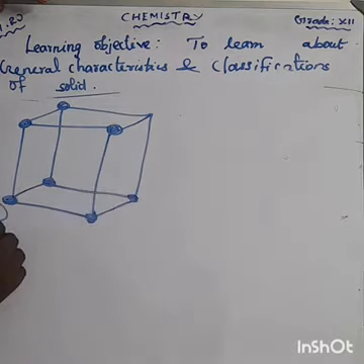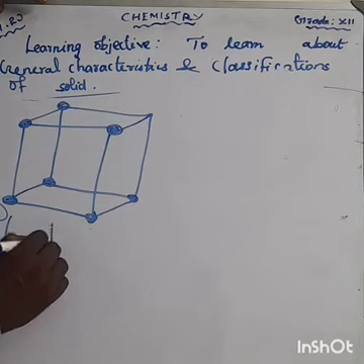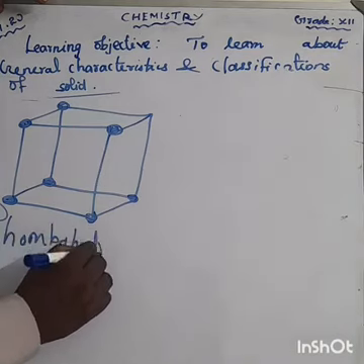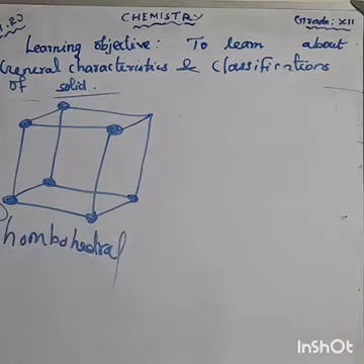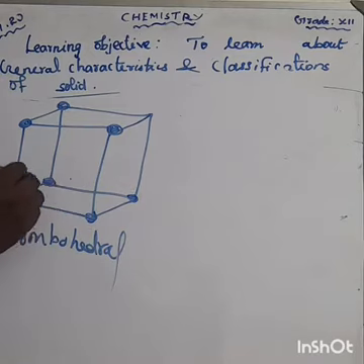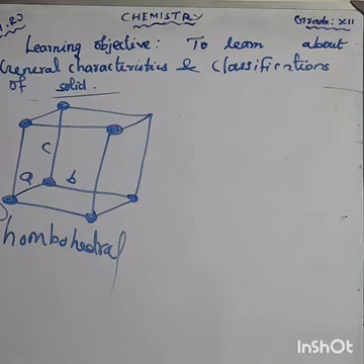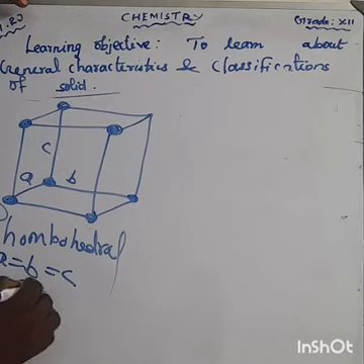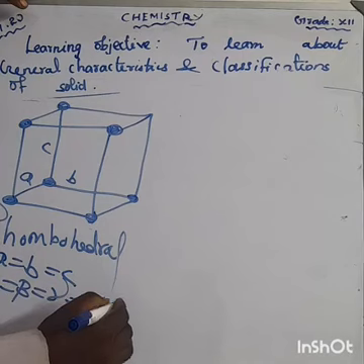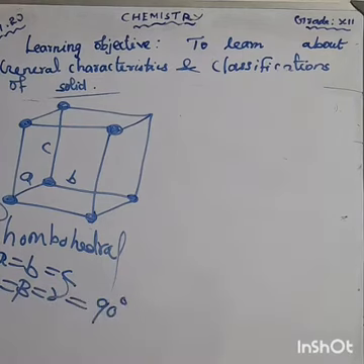Here a is equal to b is equal to c. That means alpha is equal to beta is equal to gamma, but it is not equal to 90 degrees. Don't forget that rhombohedral is not equal to 90 degrees.